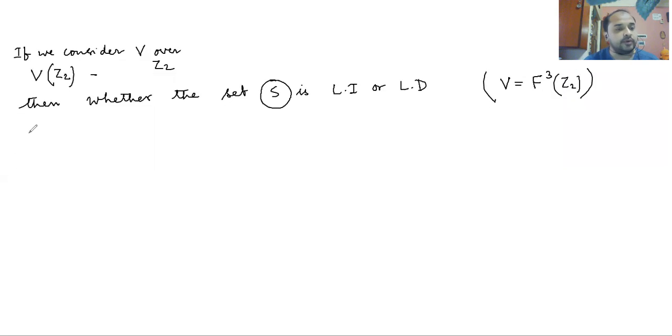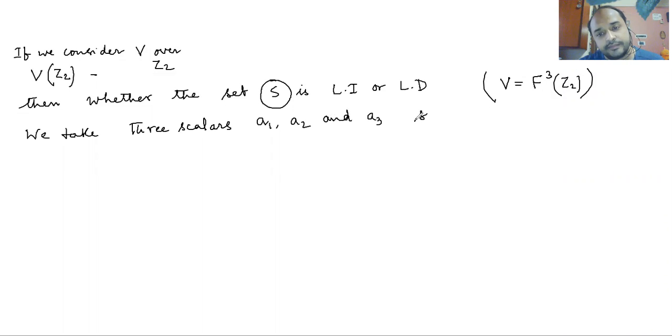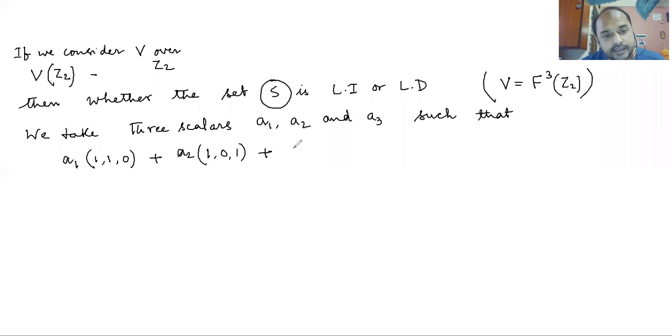So just as before, we assume three scalars A1, A2, and A3 such that A1 times (1, 1, 0) plus A2 times (1, 0, 1) plus A3 times (0, 1, 1) is equal to (0, 0, 0).